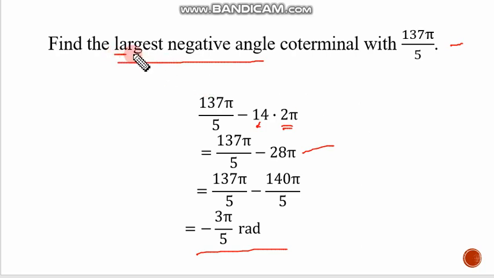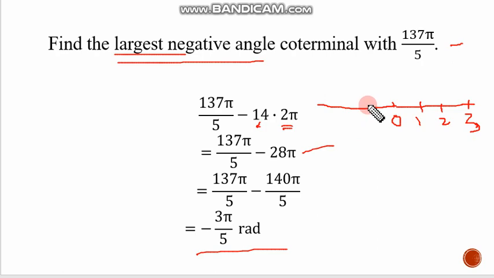When you say largest negative angle, it's different. When we talk about negative numbers, it's different from positive, where the bigger, the better.